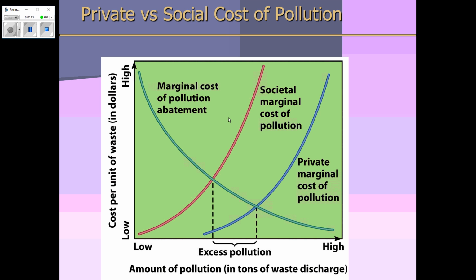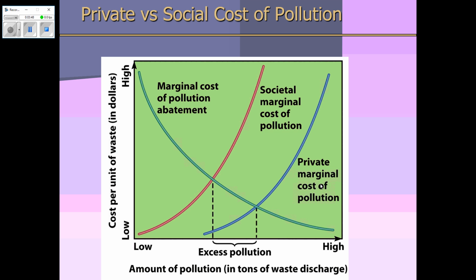Now, on this graph, which is on page 35 in your book, it is showing us the excess pollution, that these two lines should be equal. We should come up with our optimum amount of pollution. But what's happening in society is that we are polluting more than we really should be. So this is our private marginal cost of pollution. It's like the internal cost.